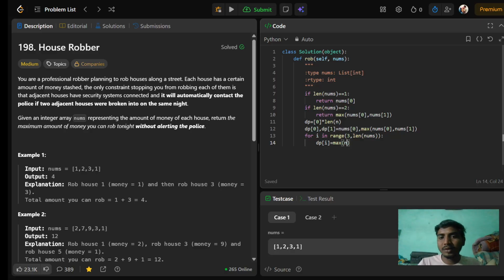We will first consider the previous house. What is the previous house? I minus 1. What is the current house? And we can add it with the previous house. What is the current house value?